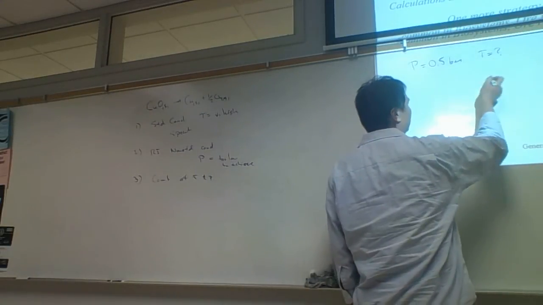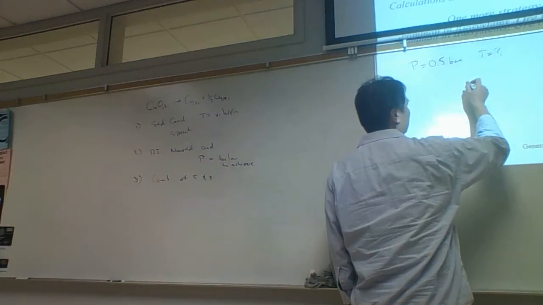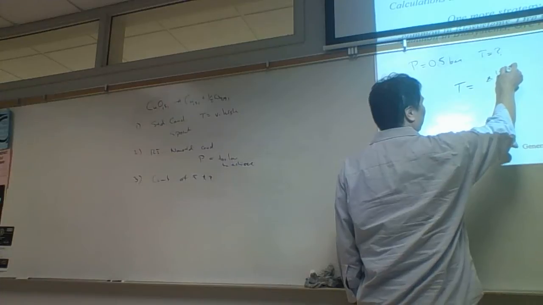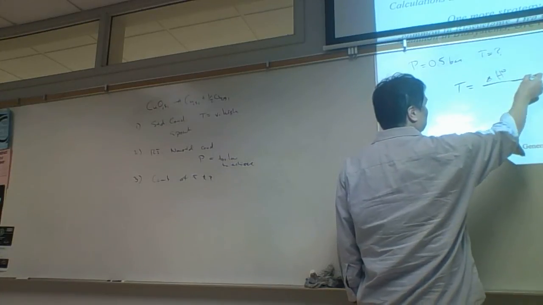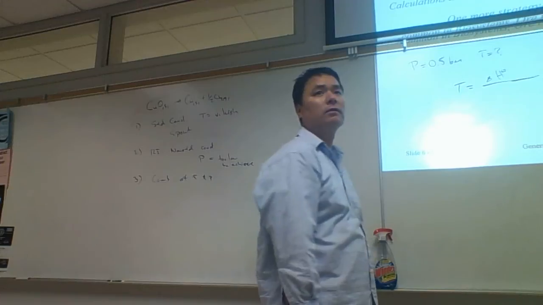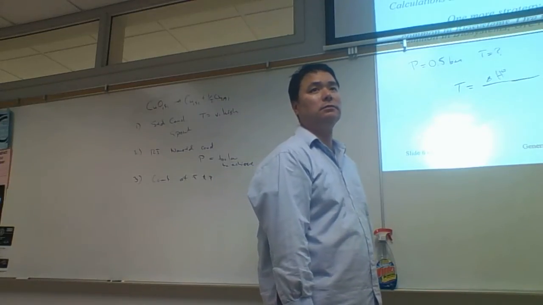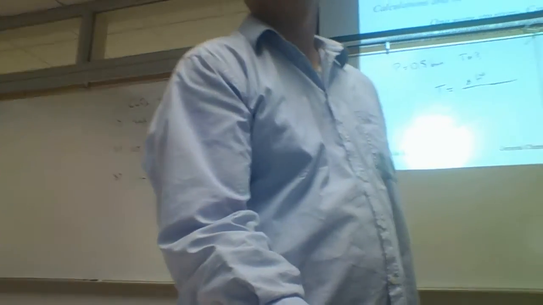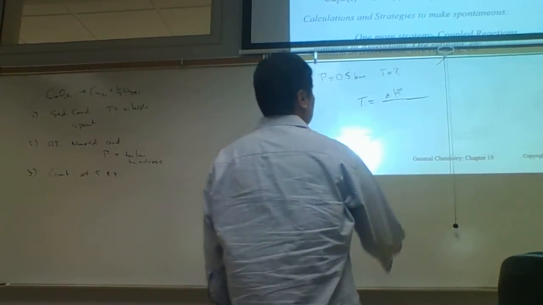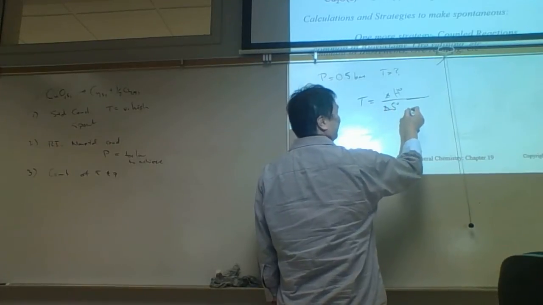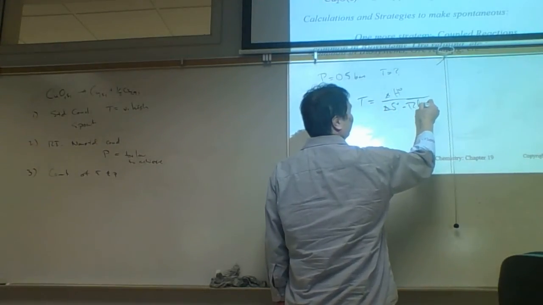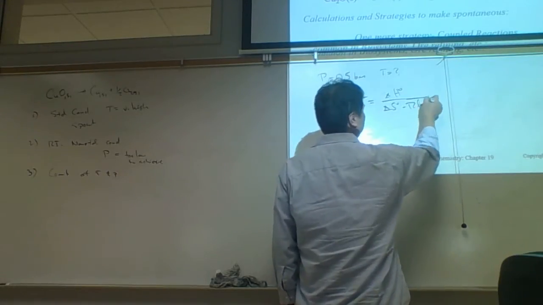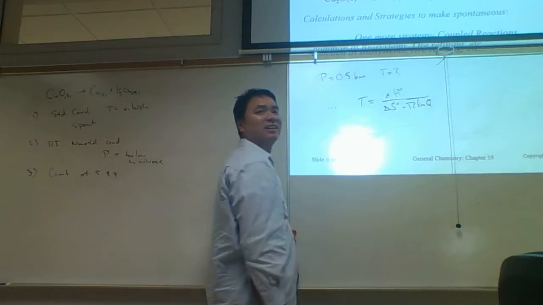And so we solve our equations for temperature. The equation for temperature comes out as delta H naught over delta S naught minus R ln Q. Could you derive this equation?